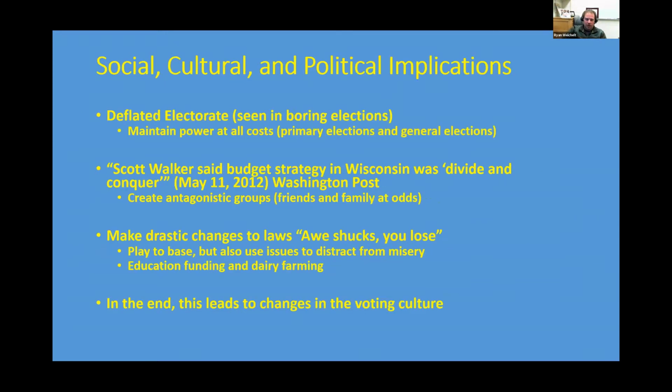Now, we can look at some of the social, cultural, political implications of this. I'm focusing on what gerrymandering can do, moving forward from 2012 to today. What it does is start creating deflated electorates. They're very boring elections. And you'll see in the slide in just a bit, if you want to be excited, don't look at state assembly and state senate elections in the state of Wisconsin.